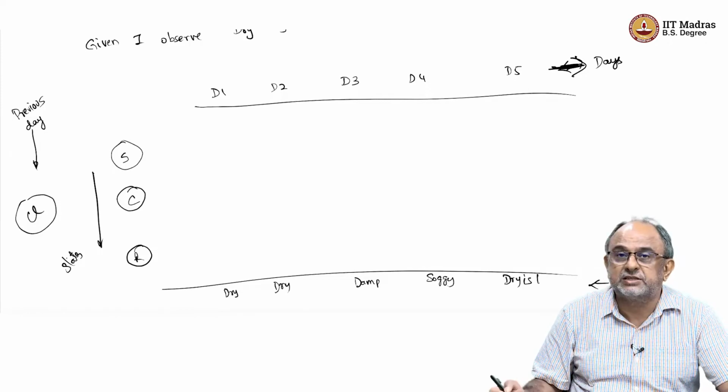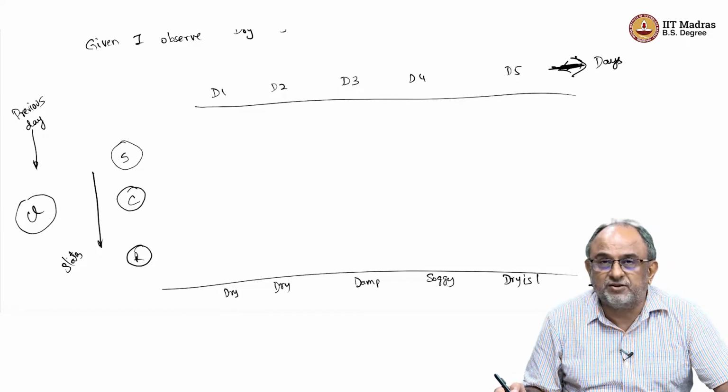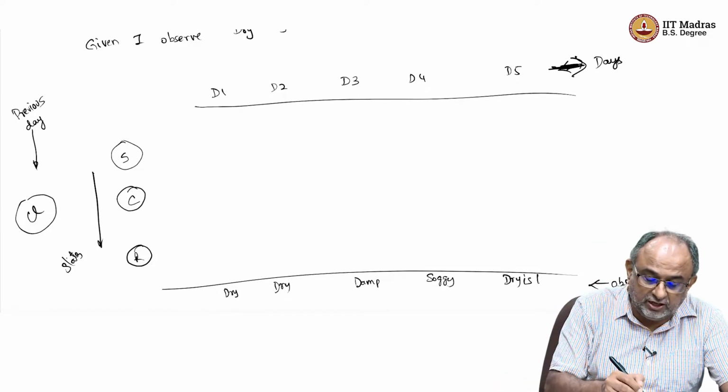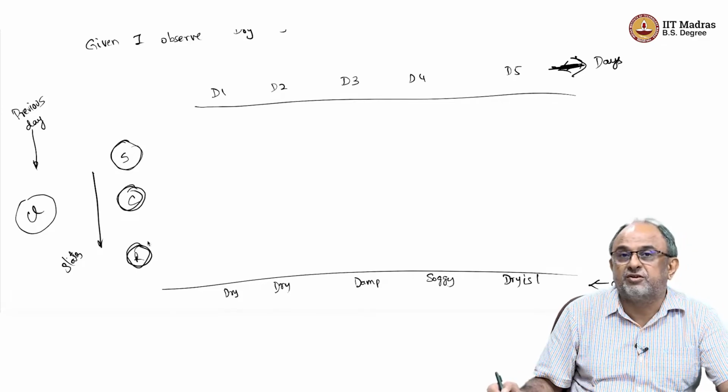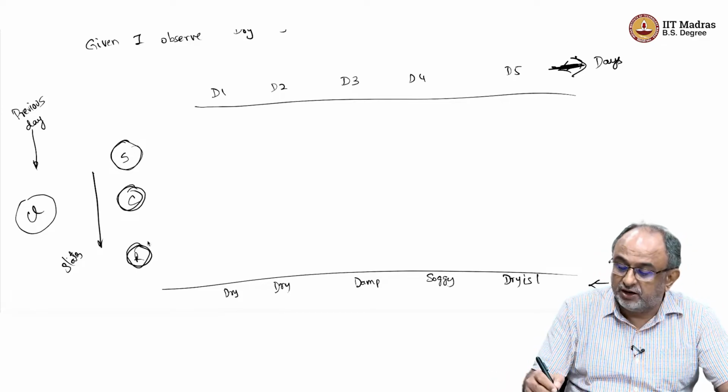And I can ask, so how many different paths are there? There are 3 different states, and given the 3 different states, there are 5 different days.